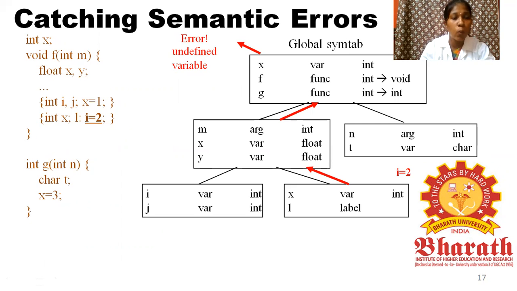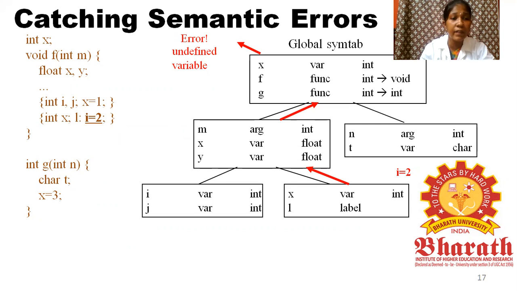So int X, void f of int m, open braces, then float x comma y, and int i j, x is equal to 1. We have already studied the global symbol table and how they are derived from the global symbol table to the local symbol tables. So that is the function f1 and the function g1. In the function g1 and in the function f, we will be having I2 as an error because the I variable is an undefined variable.